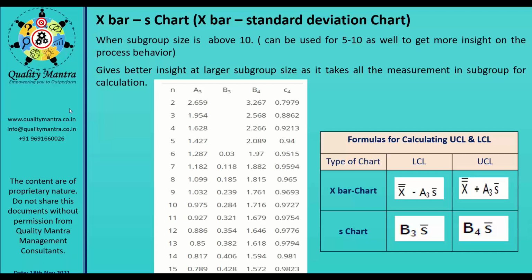Definitely if you are going to use an Excel sheet, it is very easy, but if you want to calculate it manually, there will be complexity. So unnecessarily overdoing will be there if you are using it for a subgroup size of less than 4. Use it above 10, or in some cases 5 to 10 also you can use.